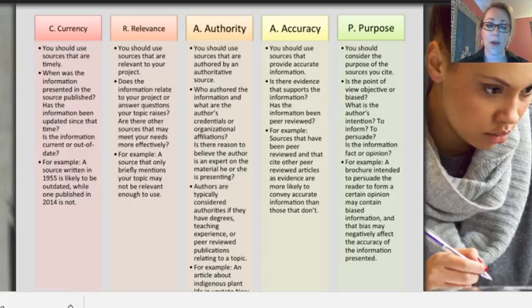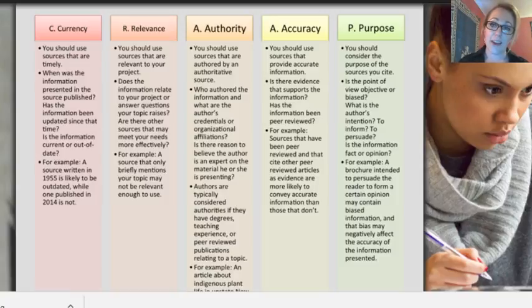If we're falling back on that Titanic example, we don't want to refer to an article that is saying that the Titanic did not sink because of an iceberg, that the Titanic sank because a giant meteor came and hit it, right? That's an outlandish example, of course, but we do want to make sure that the information is accurate. Another way to pay attention to the accuracy of a source is to make sure that they are using evidence, that they are using resources that are credible to support the accuracy of what they're saying.